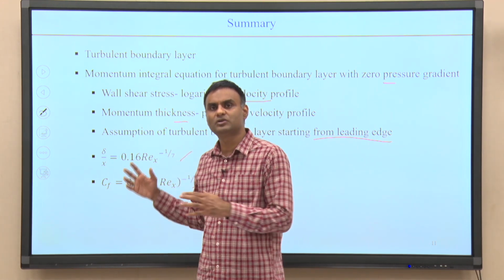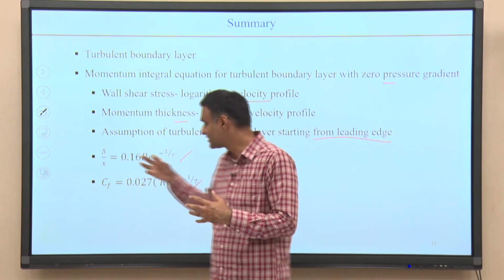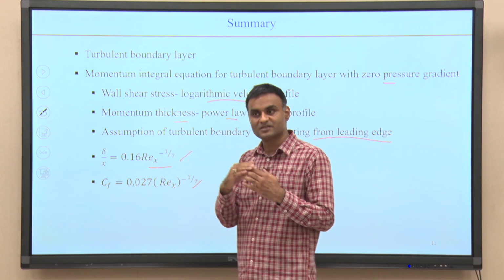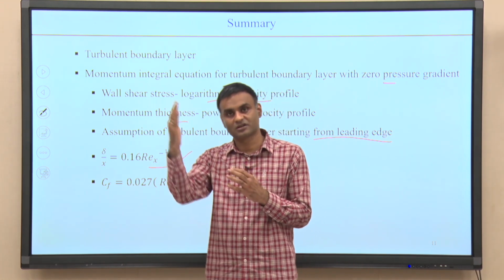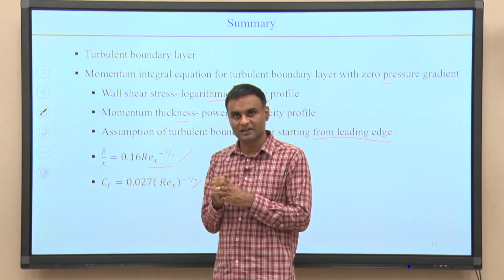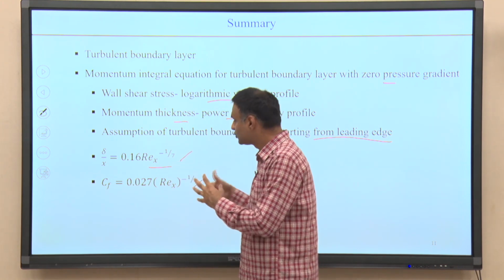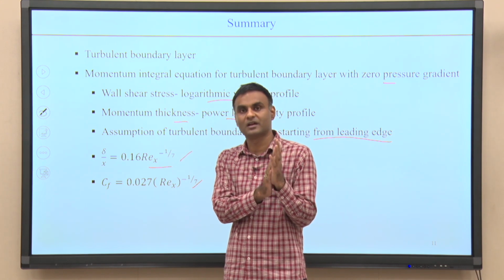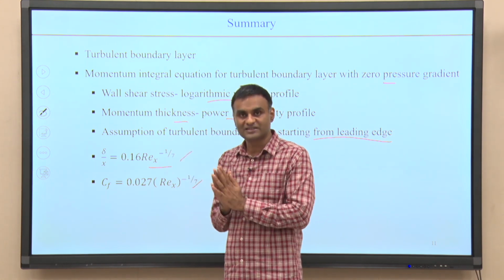So, it is not important to remember these relationships, but it is important to see how this varies, that the turbulent boundary layer grows faster than the laminar boundary layer, and how we do this analysis, the assumptions that we have made, and the velocity profiles that we have assumed.